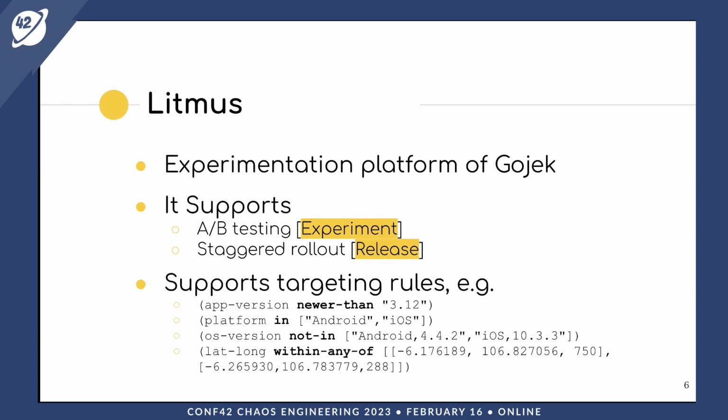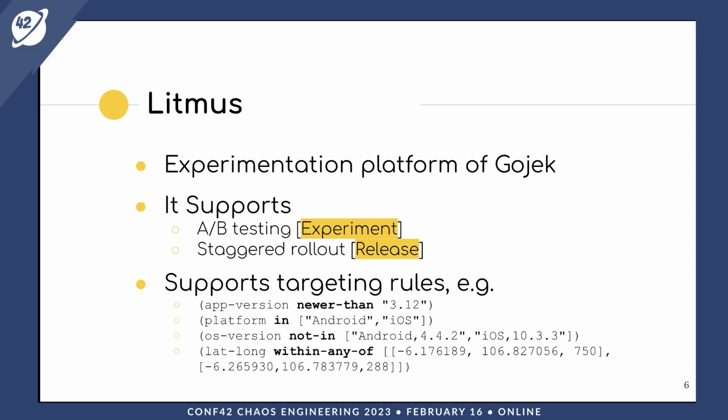The third one is that it also supports the targeting rules. I am purposefully mentioning this here because if you see here, right, we have a kind of rules like app version newer than 3.12, sorry. So all the users who will have the app version newer than this will be part of this experiment. So these are some rules which we support. I'm mentioning this because for each experiment we need to pass the rules, right?